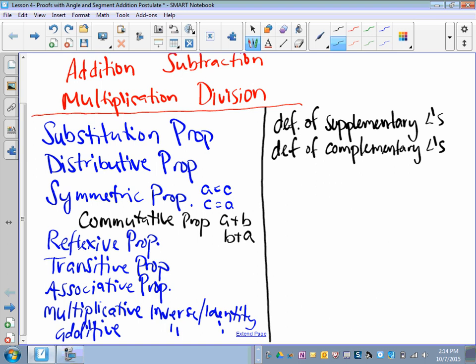But what are two of our super common postulates that we've been using? Segment addition and angle addition. So we have angle addition and segment addition postulates.